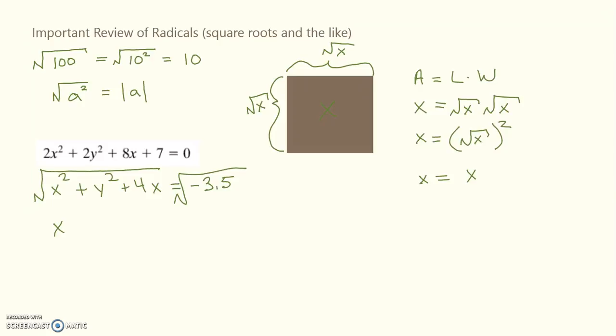And then we just have x plus y plus 2 square root of x equals the square root of negative 3.5, which is still nonsensical. But that is not true. This does not equal this. And I want to show you why on the next page.